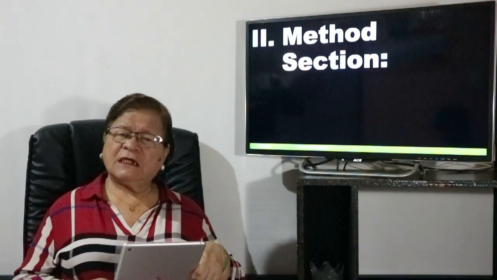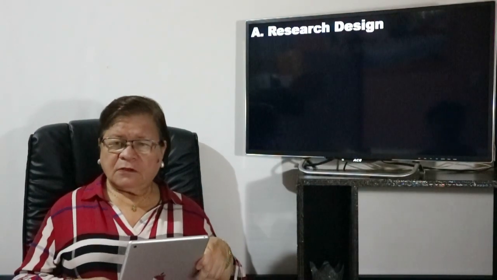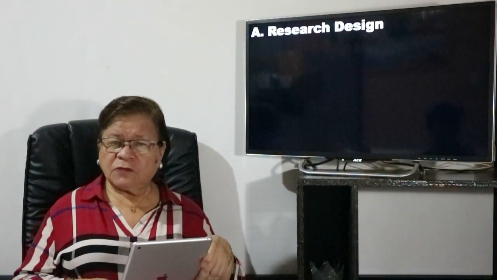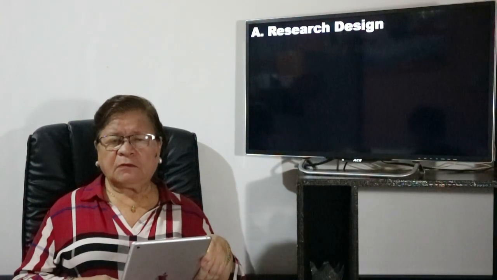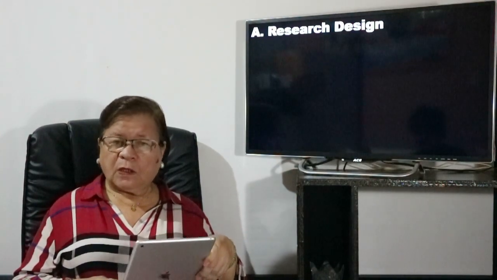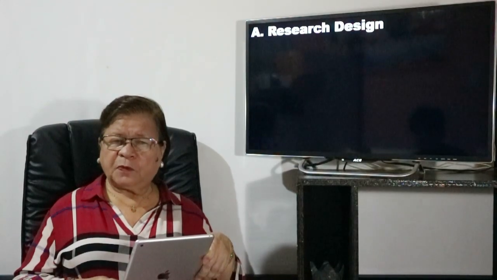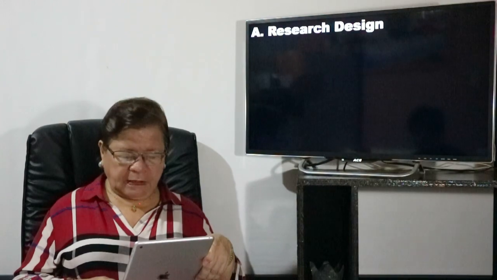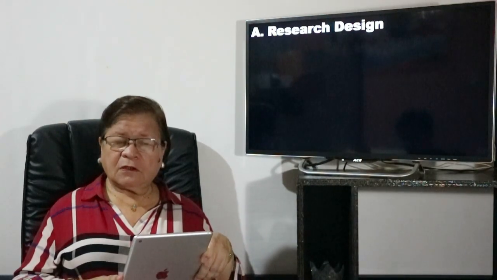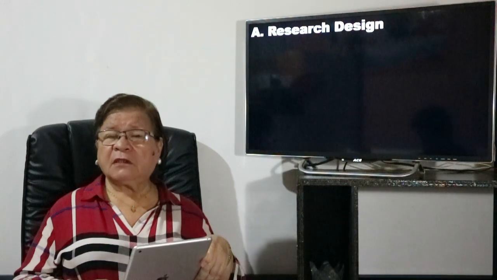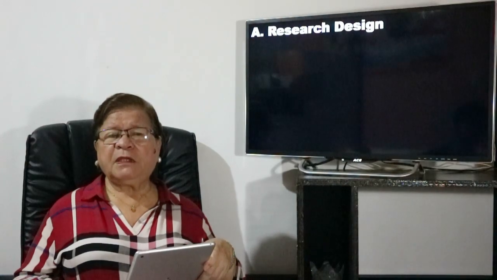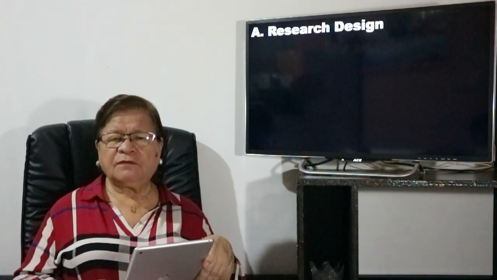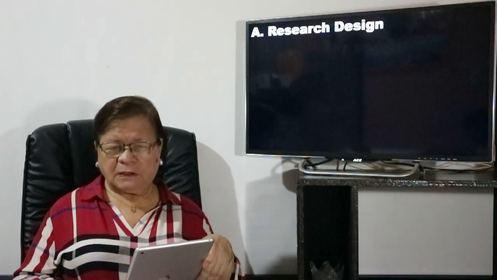What should be written inside the method section? Letter A, research design. So describe what the research design is in here. Again, it can be descriptive research, it can be experimental, but actually the sample that I gave you in the action research proposal is an experimental research involving the control group and the experimental group to determine whether there was improvement in the application of peer tutoring of the grade 5 level with that of the grade 3 pupils.